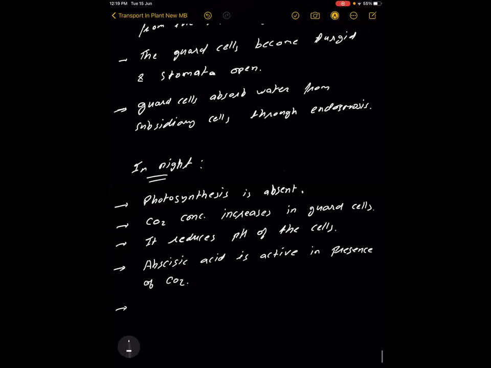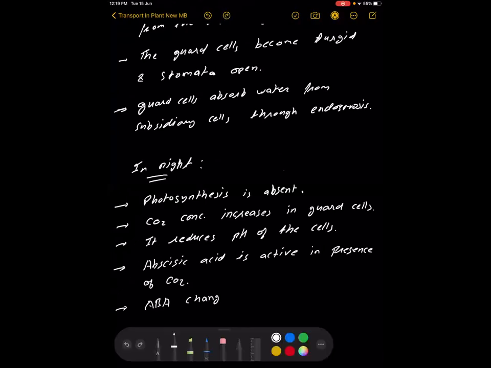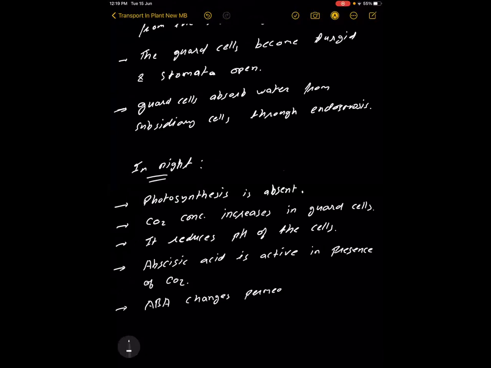Abscisic acid, ABA, changes the permeability of the membrane, the membrane of the guard cell.